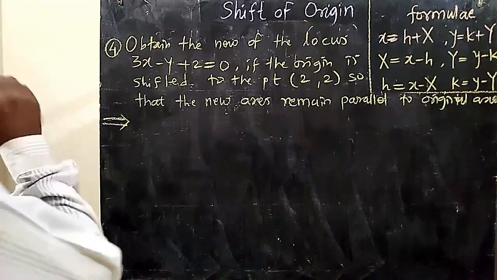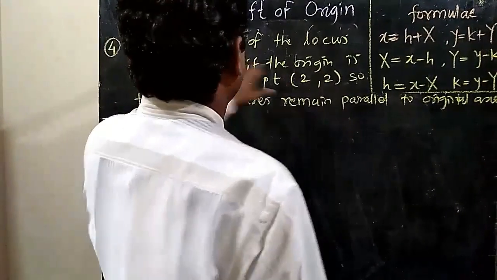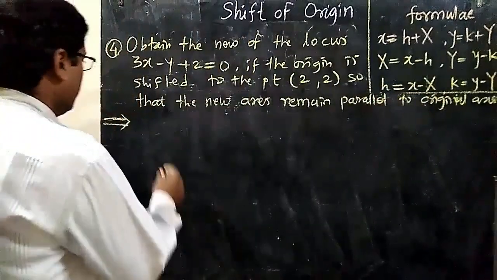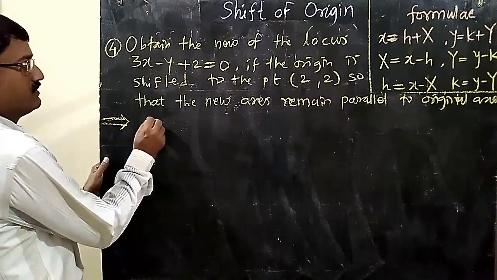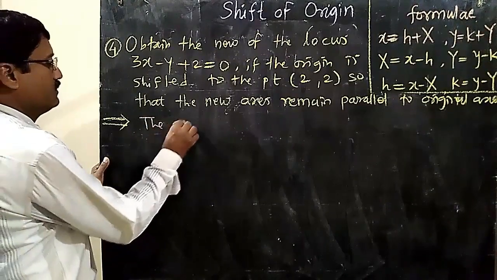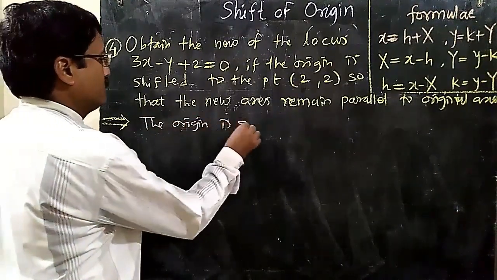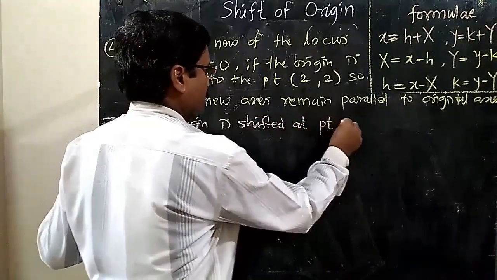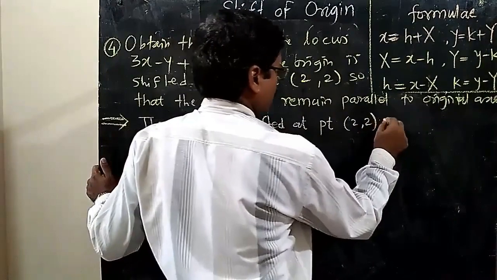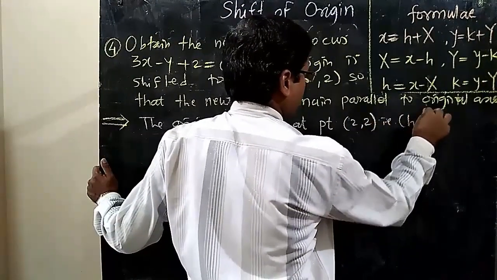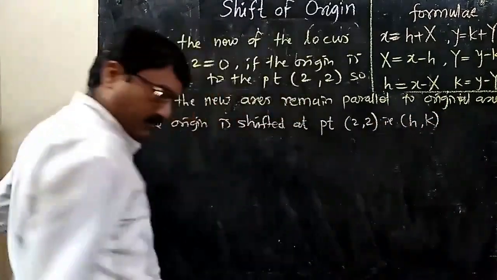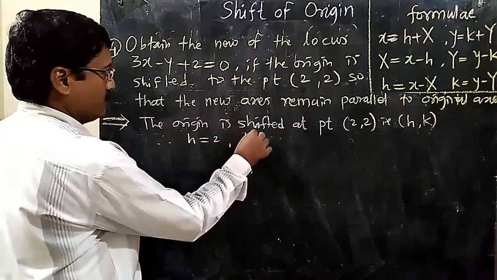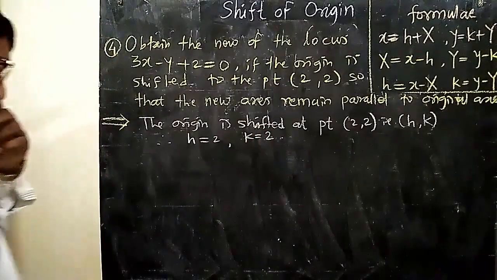Let us see the solution of this question. Once again, what is given here? The origin is shifted to the point 2, 2. This is the new origin, obviously it is h, k. Therefore h equal to 2 and k is also equal to 2.